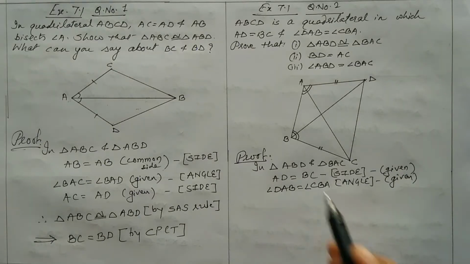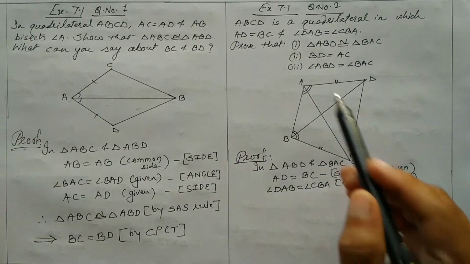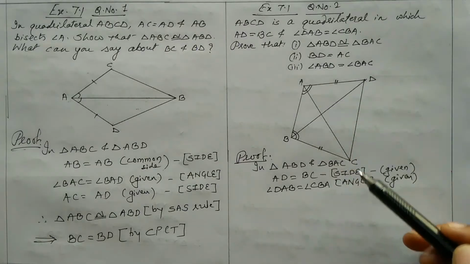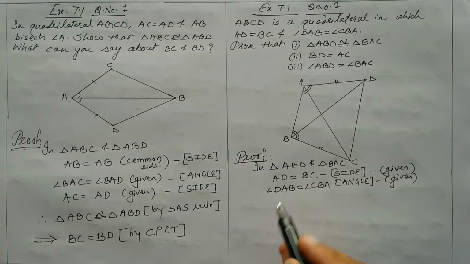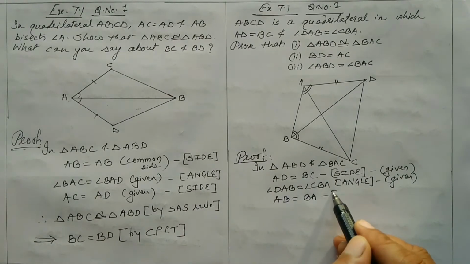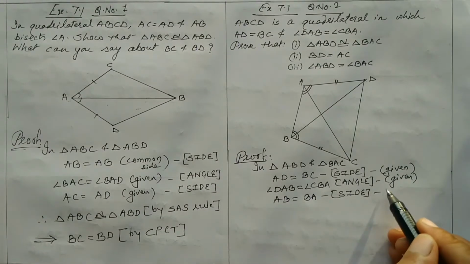And then what else? AB is equal to BA. AB is a side of triangle ABD and BA is also a side of triangle BAC. So AB is equal to BA, it is common. So I will write here AB is equal to BA. This is also a side.